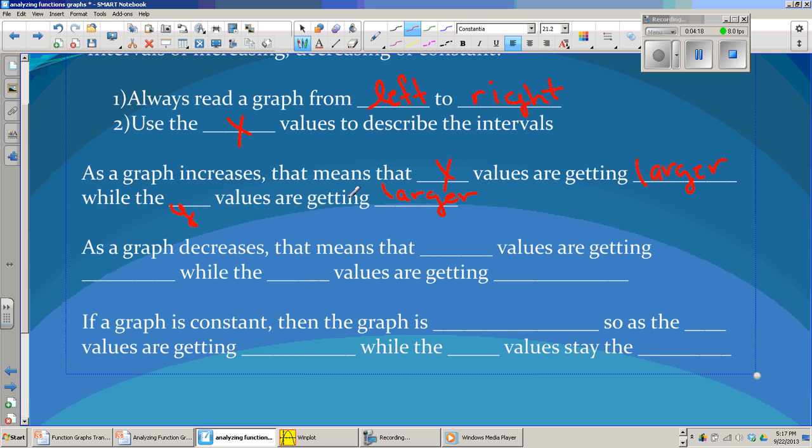A graph that is decreasing means that the x values are getting bigger or larger, which would be going to positive infinity, while the y values are getting smaller or going to negative infinity.